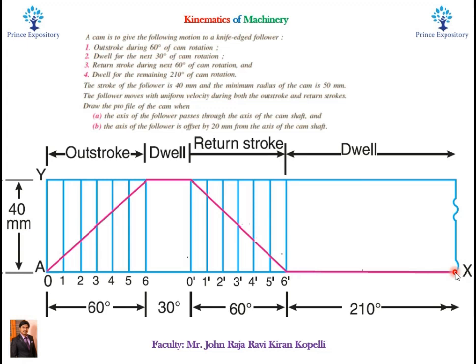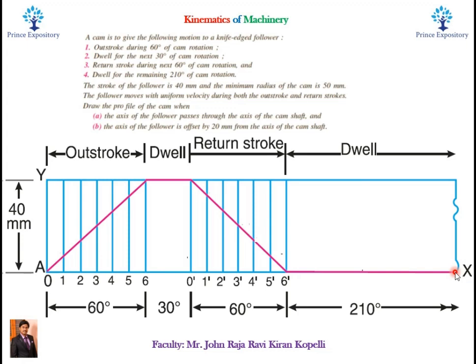Why we are drawing these straight lines during outstroke and return stroke is because of the uniform velocity. The follower rises up with uniform velocity and descends down with uniform velocity. That is the reason we draw these lines in a linear way.